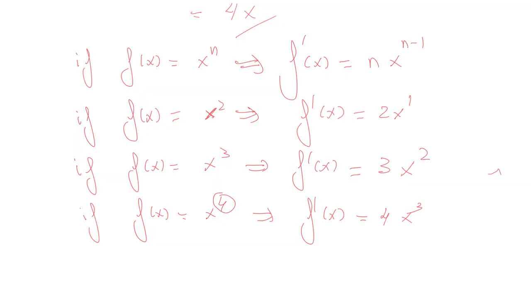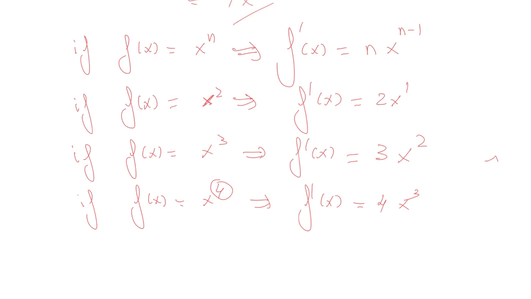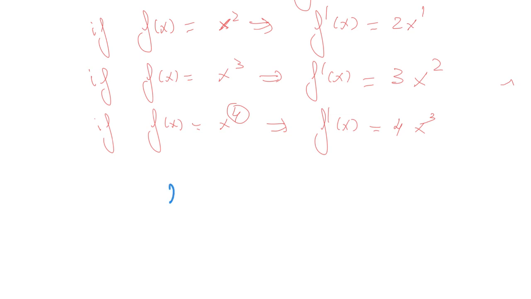We studied the power rule. The power rule says that if f of x is x to the n, f prime of x, the derivative of the function at any point x, is n x to the n minus 1.